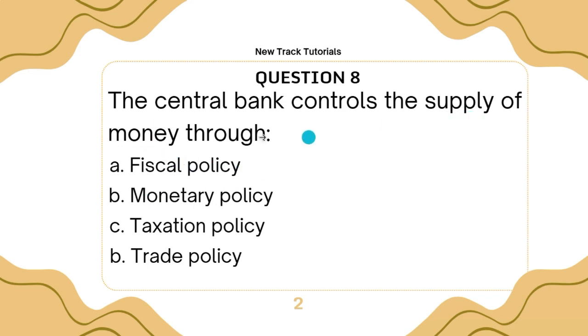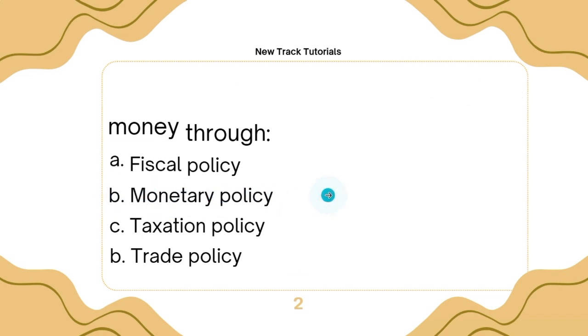Poverty. Now the question says the central bank controls the supply of money through what policy? Money supply is through monetary what? Policy. So monetary policy is used to control money supply, prices, and the cost of what? Cost of credit. The correct option is option B, monetary policy.